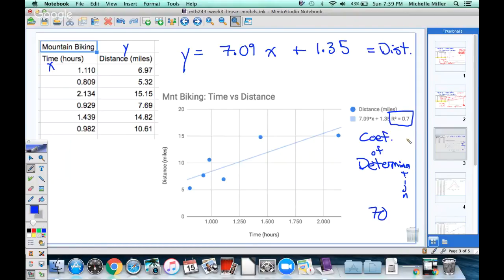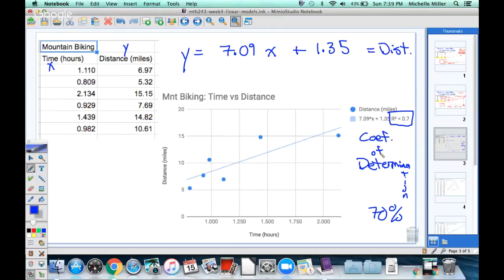So I'm going to call that 0.7, would be 70%. So what that means is, given a particular time, the time with 70% accuracy predicts how far I biked. And again, you can see that they don't line up perfectly. There's a little variation. So the variation in time versus the variation in distance. So I have kind of a 70% accuracy rate in predicting distance versus time.